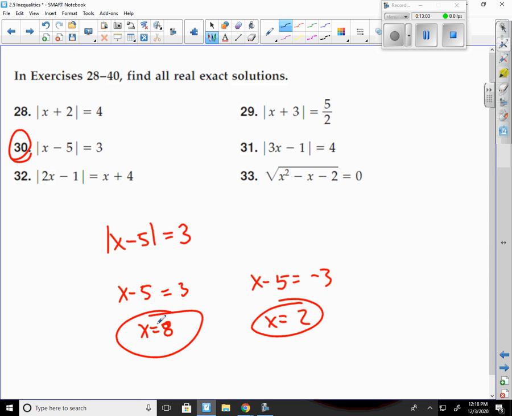Any other questions on that one? We good? If I look at one like number 32, that's not as fun. That's because we have variables on both sides.